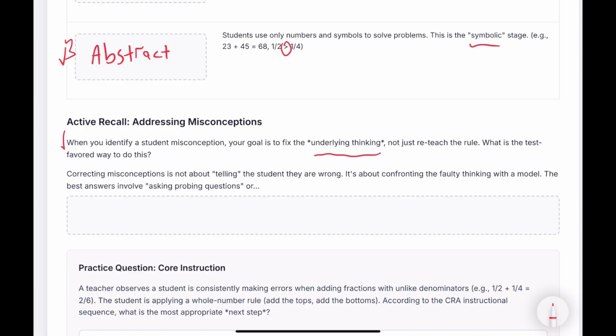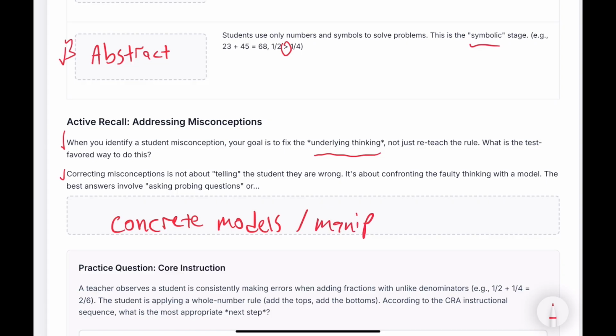All right, so remember, correcting misconceptions is not about telling the student that they're wrong. Of course, it's about confronting the faulty thinking and using a model to provide them with that structure. So the best answers will involve asking probing questions or using models, again, such as concrete models or concrete modeling, as well as manipulatives.